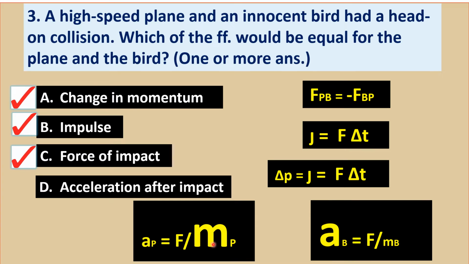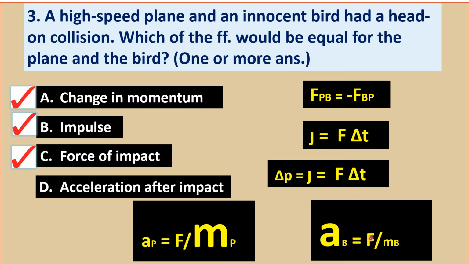Let's assume that the mass of the bird is too small. Again, it's being emphasized here. The mass of the bird is too small as compared to the mass of the plane. But with their equal amount of force exerted, what's going to happen?